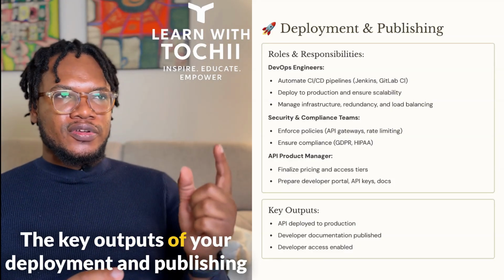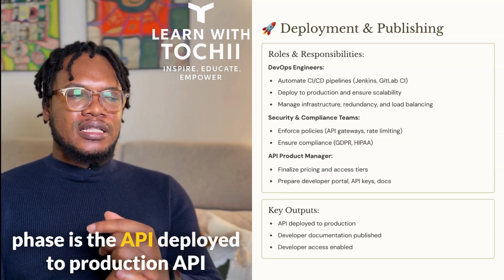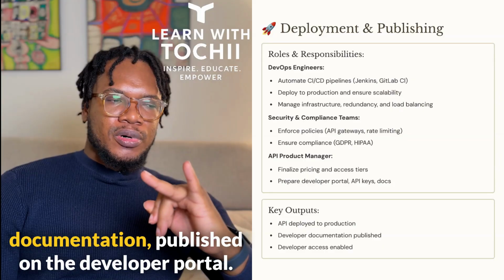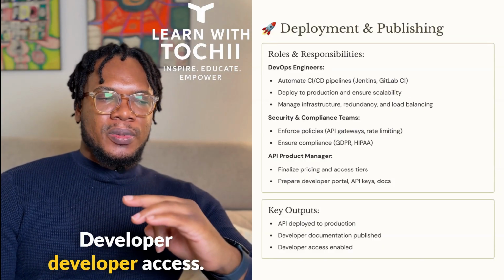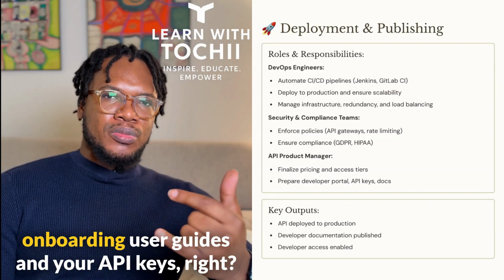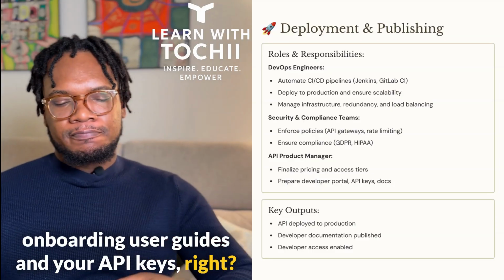The key outputs of your deployment and publishing phase are the API deployed to production, API documentation published on the developer portal, and developer access. That is, the developer needs to access your onboarding user guides and your API keys, right?